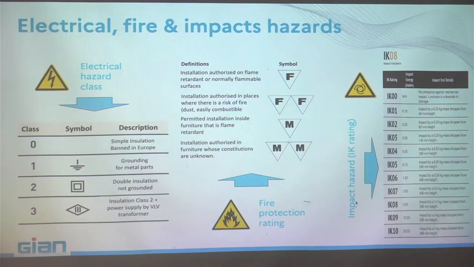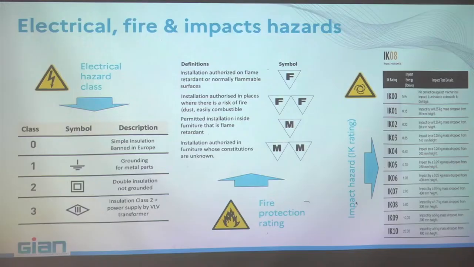That means if you are in a TN protection configuration, that is usually in our homes or in some buildings, if a phase touches the metallic part, as the metallic part is grounded, if you touch the metallic part, you are protected. But if a second person touches the metallic part simultaneously, then you are in trouble.